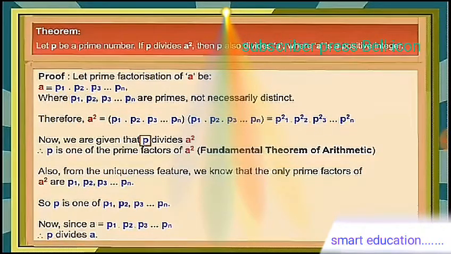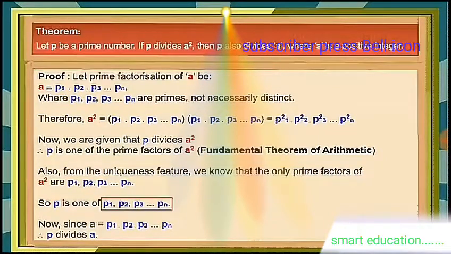Now, we are given that p divides a square in the theorem. Therefore, from the fundamental theorem of arithmetic, it follows that p is one of the prime factors of a square. However, using the uniqueness part of the fundamental theorem of arithmetic, we know that the only prime factors of a square are p1, p2, p3 up to pn.